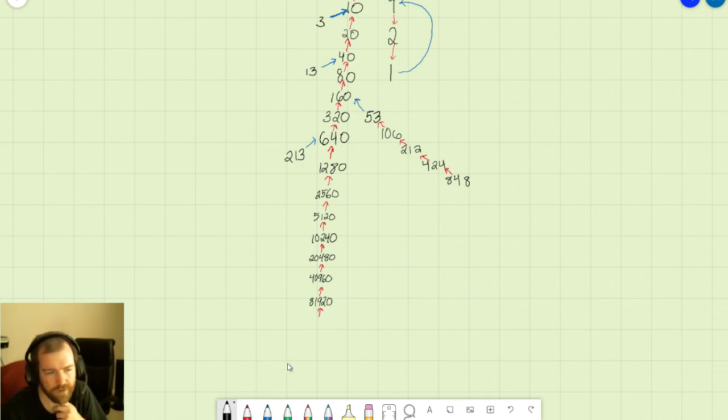Maybe for now, 100,000's high enough. This is like my version of doodling or painting. Let's just work on some Collatz. Get a happy little tree going in here.